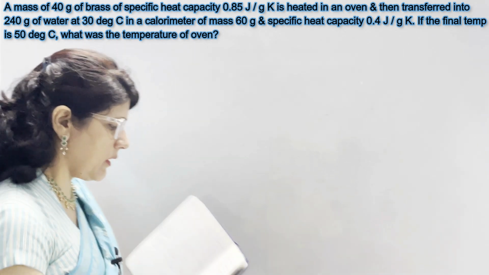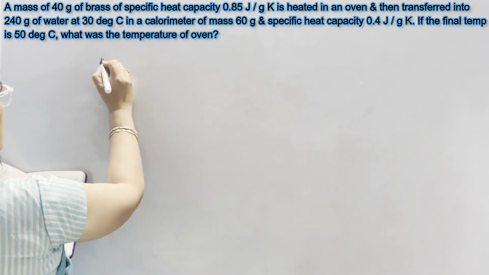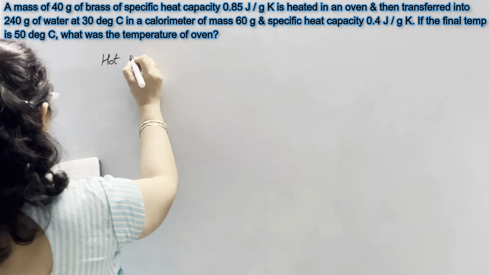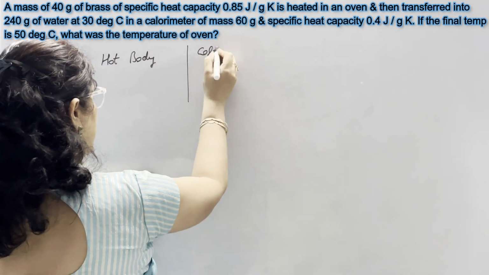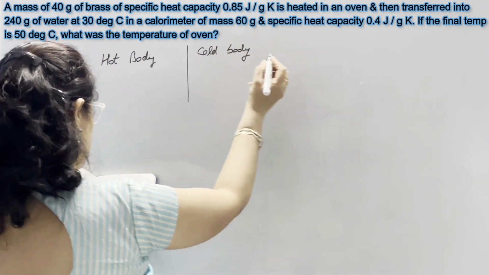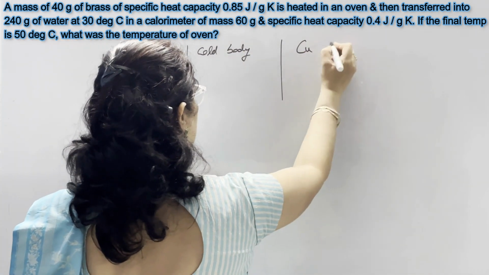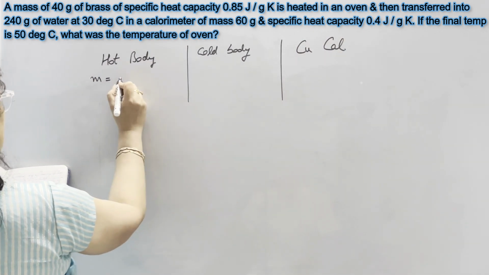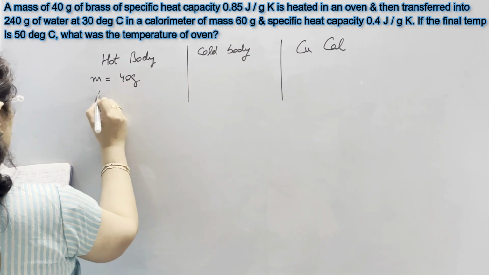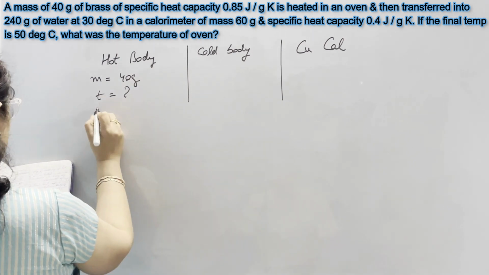So here we need to make 3 columns: one of hot body, next of cold body, and then copper calorimeter. So mass of hot body is given as 40 gram. Temperature we need to calculate.